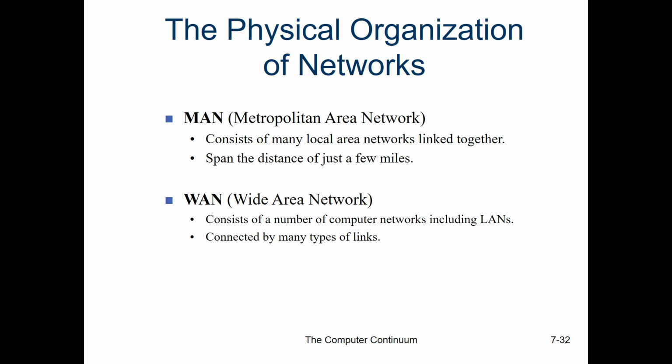Then we have the wide area network, which consists of a number of computers connected in a network, including LANs. So a wide area network is the connection of different LANs. The connection of different local area networks with each other is called WAN, or wide area network.